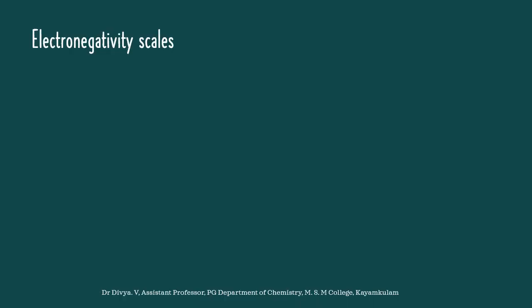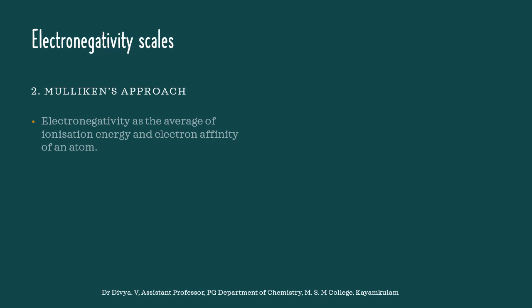So then next we will consider the other two types of electronegativity scales. The second one is Mulliken's approach. Here electronegativity is considered as the average of ionization energy and electron affinity of an atom.